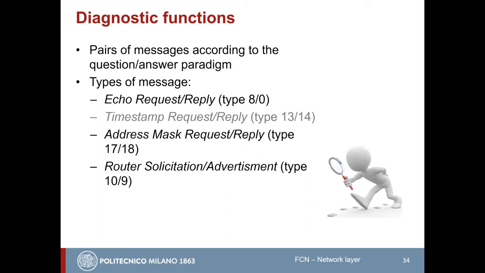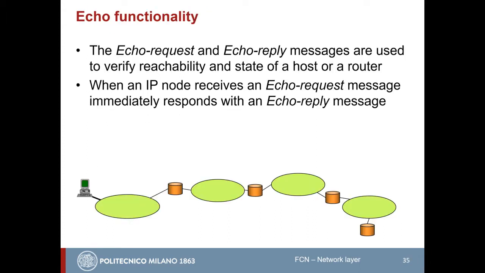Then we are looking at a few examples in the message family, which has requests and replies. These are the most common types: echo request, address mask, router solicitation. But in particular, we only focus on the echo message. The echo message is a message that is sent as an echo request to a destination that can be either a router interface or a host.